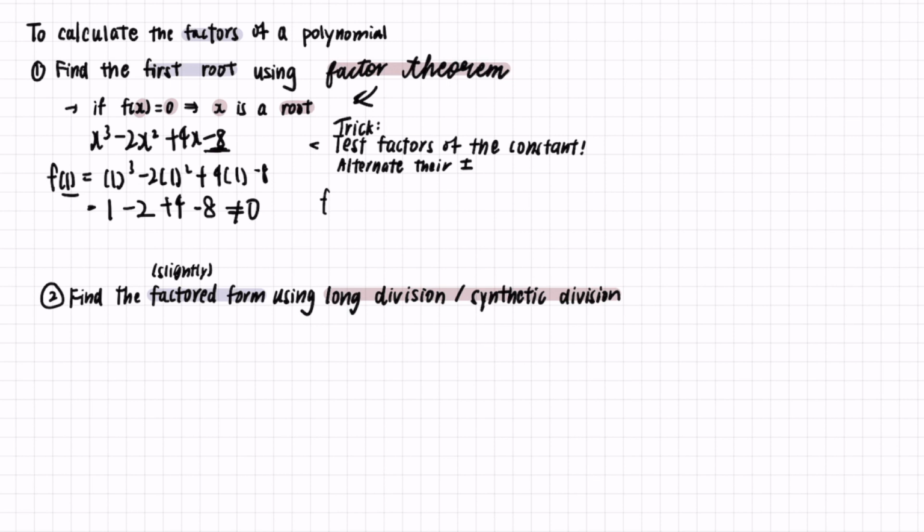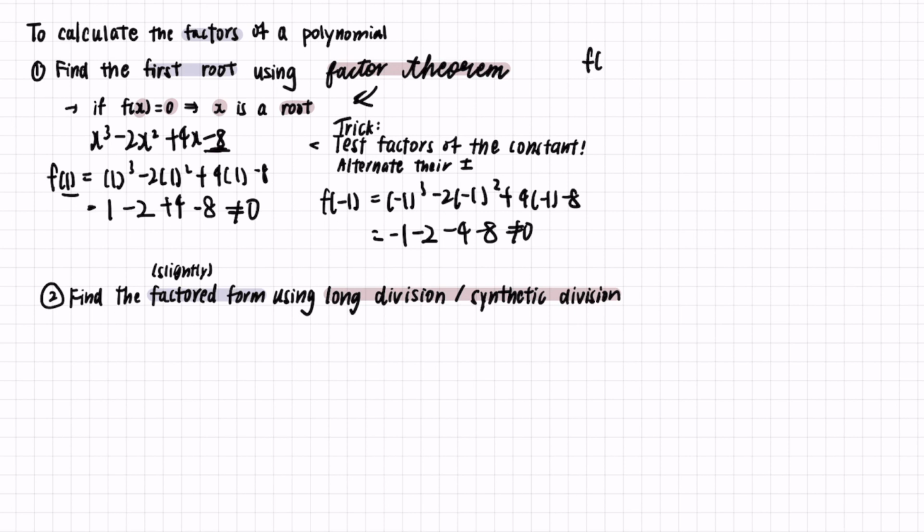Next, you need to test -1. 1/3 minus 2 plus 4. This will give you -1, -2, -4, and 8, which is also not equal to 0, so it is also not a factor.